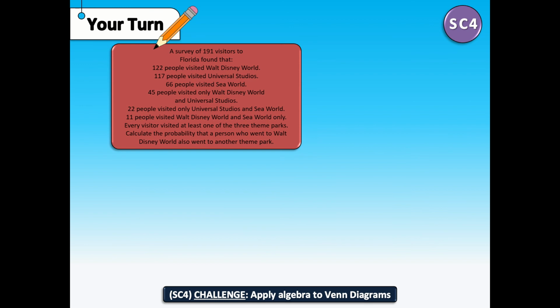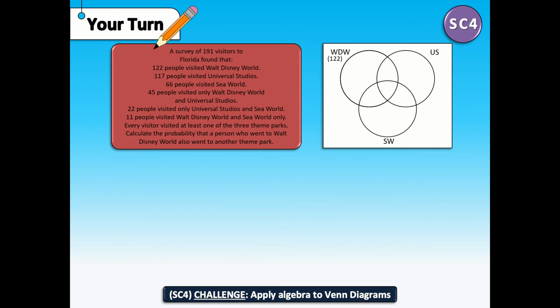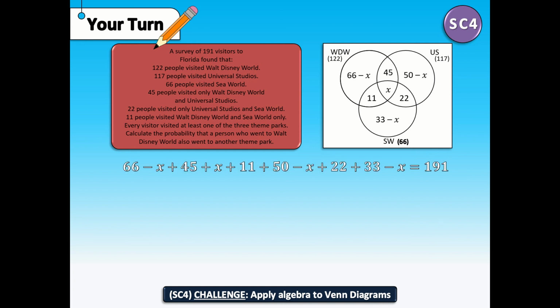For the red question, this is what our Venn diagram looks like. Now it's got to add up to 191.